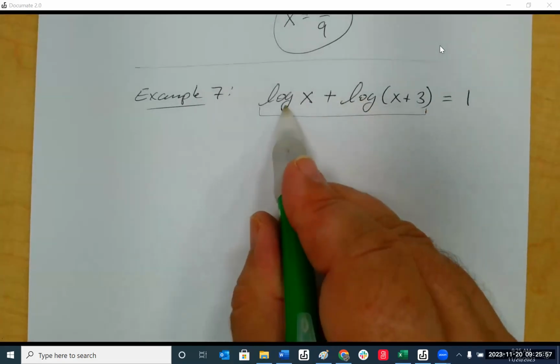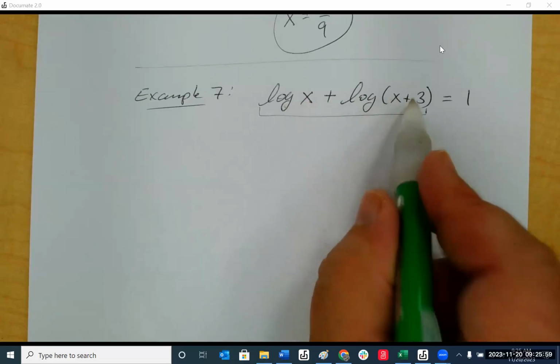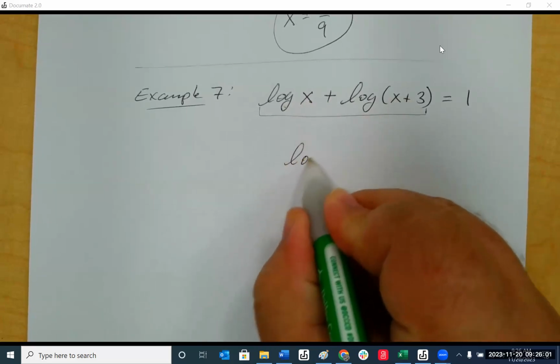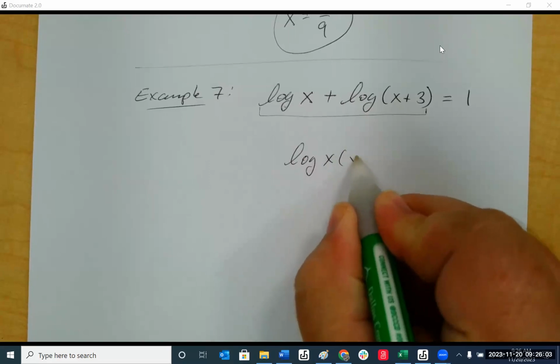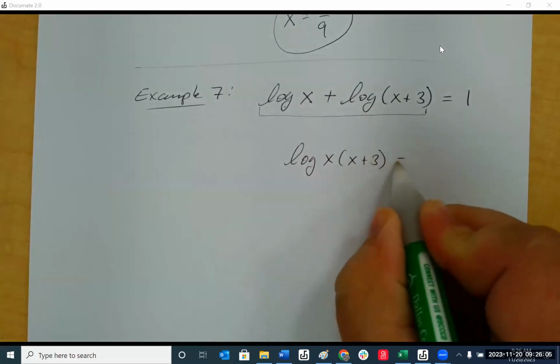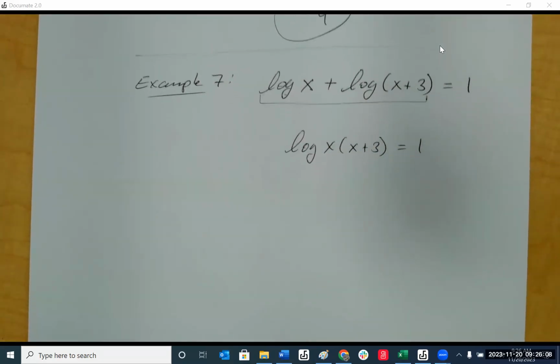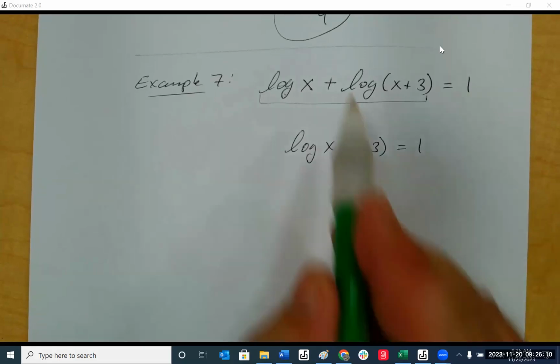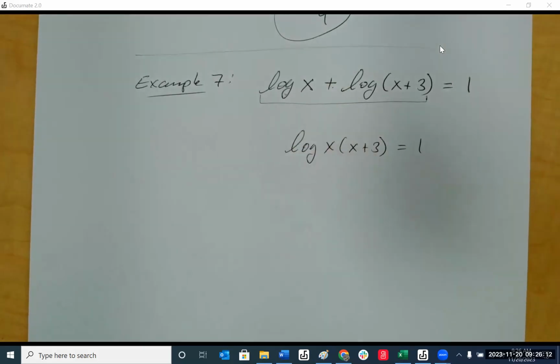That's log of m plus log of n. We could put those together, the product rule, because it's added, so they're both multiplied together.